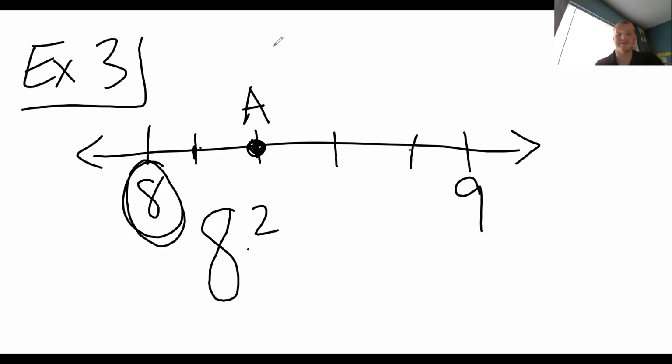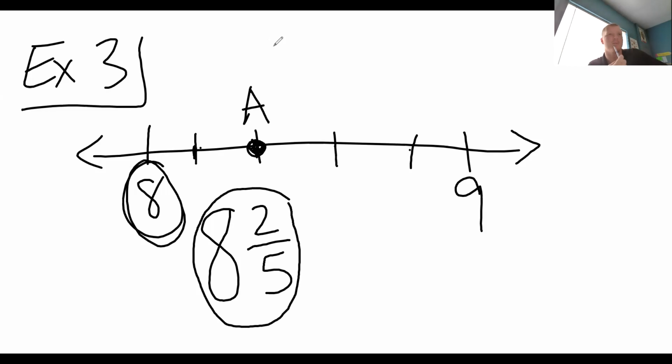So 5 is going to be in my denominator. So I have 8 and 2/5 as my mixed number. Okay? I know you guys have done this before because I remember teaching this in the math book last year. So 8 and 2/5. You're okay.